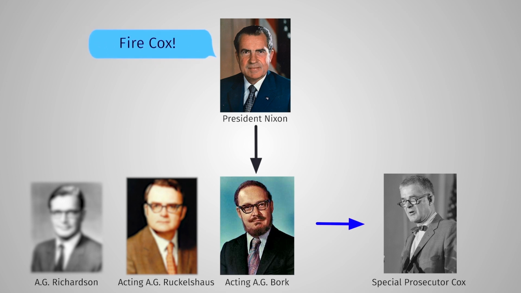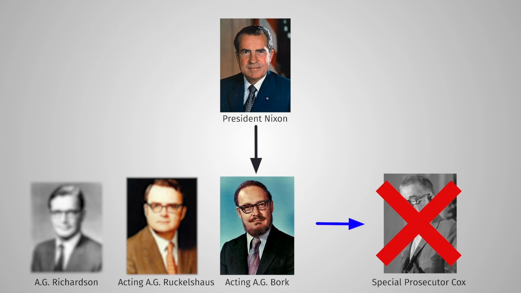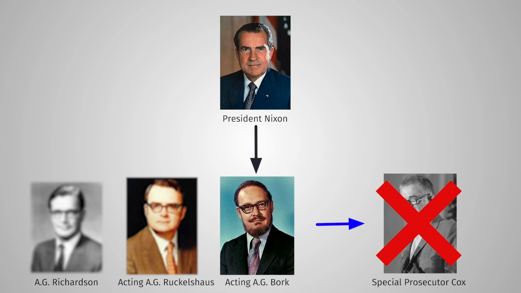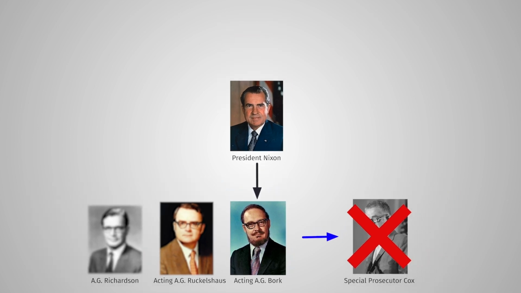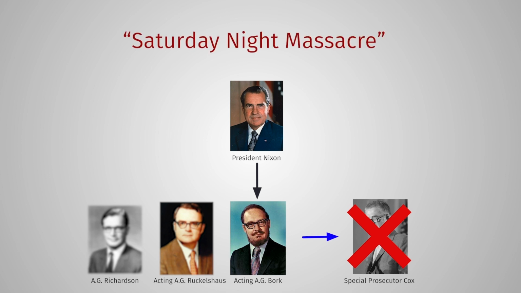Now, Nixon ordered Bork to fire Cox. As acting Attorney General, Bork agreed and removed the special prosecutor. Unlike Richardson and Ruckelshaus, Bork never pledged to the Senate that he would support the independent special prosecutor. This rapid sequence of events, which all transpired on Saturday, October 20th, came to be known as the Saturday Night Massacre.